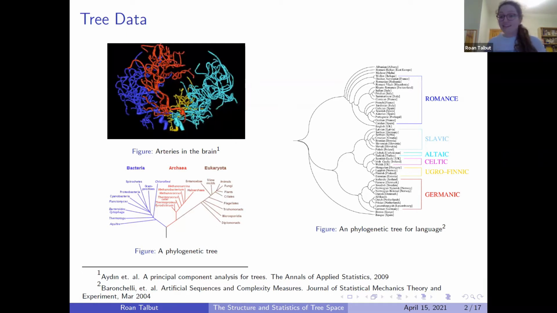But on the other hand, it's also really mathematically interesting because it's not immediately obvious how to construct a metric on trees, which is an inherent first step if we're trying to do any kind of statistics here.